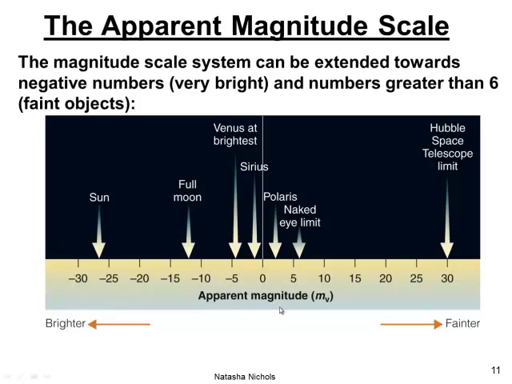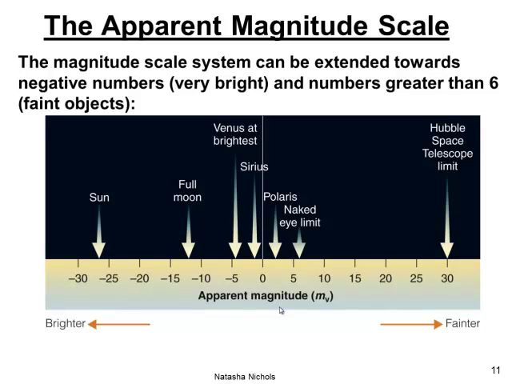Now, this is an interesting scale because it works logarithmically. So, for example, the first magnitude stars appear 100 times brighter than the 6th magnitude star. One magnitude difference gives a factor of 2.512 in apparent brightness.